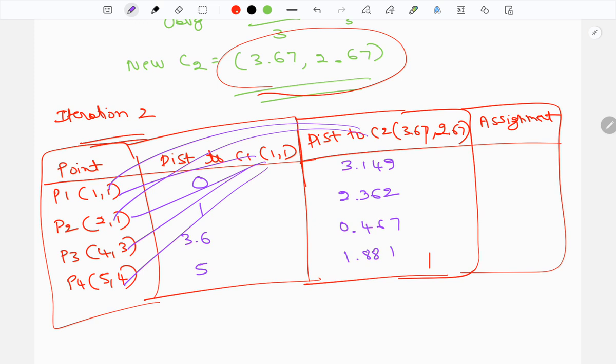Finally, the most important thing is which cluster we are going to assign. Just see, 0 is less than 3.149, so we assign this one to cluster 1. So P1 still belongs to cluster 1. Here, 1 is less than 2.362, so it is now cluster 1.